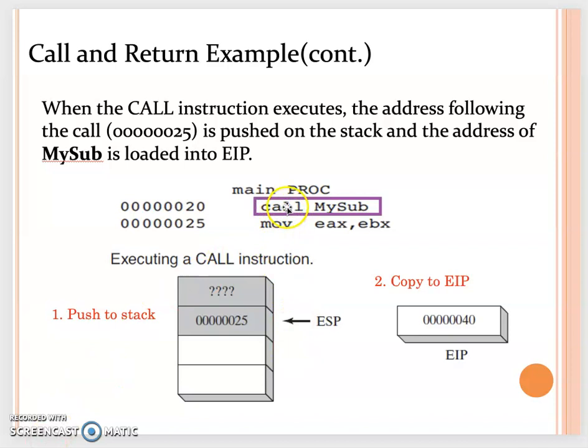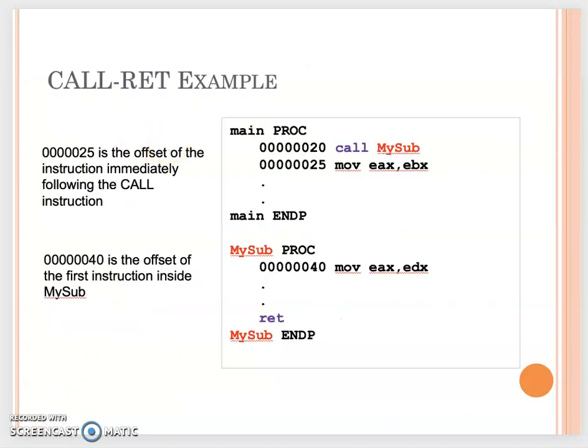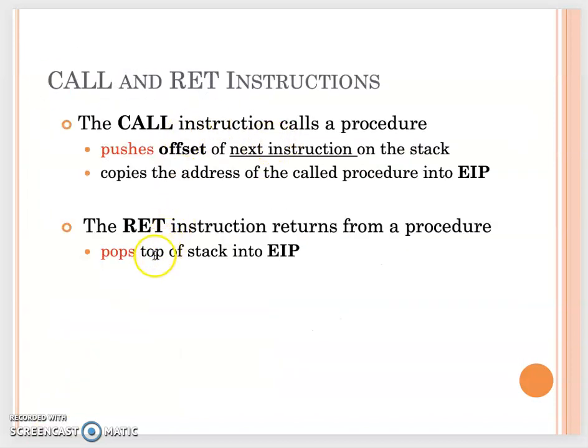So that's how the call instruction and the return instruction affect our stack, and how they affect our instruction pointer. This does not only happen in assembly language procedures; you can think about it happening for C++ functions as well.